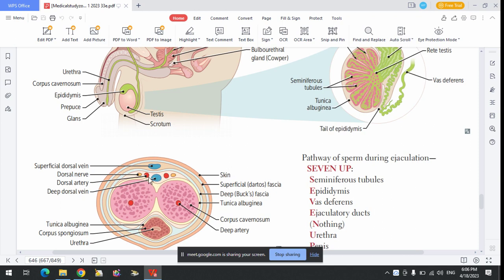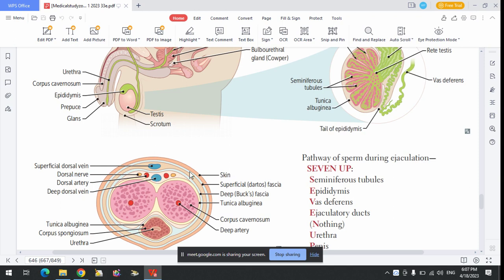When there's erection and squeezing of this bulk fascia, it will squeeze the deep dorsal vein and prevent blood from draining out, so blood will be retained within that penile tissue so that it can become engorged. This is tightening of the bulk fascia.